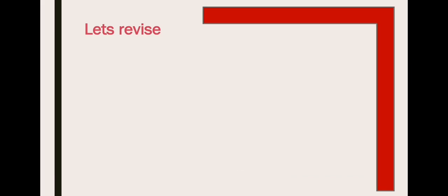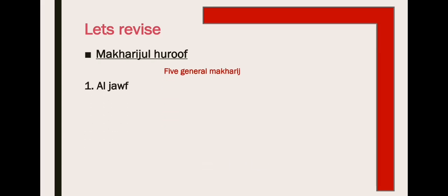It's our 5th class and we will just go through what we have covered until now. What did we do? We have discussed the makharijul huroof. Then we have said that there are 5 general makharij, the first being the al-jawf, which is a makhrajul muqaddar. What is makhrajul muqaddar?